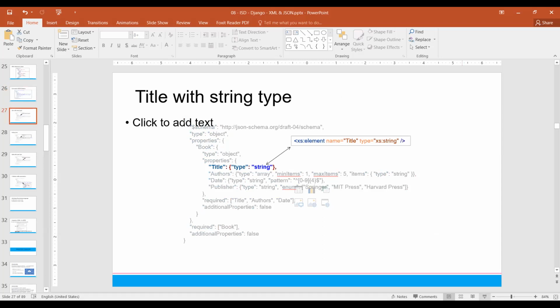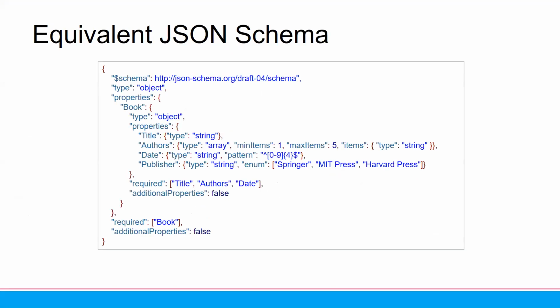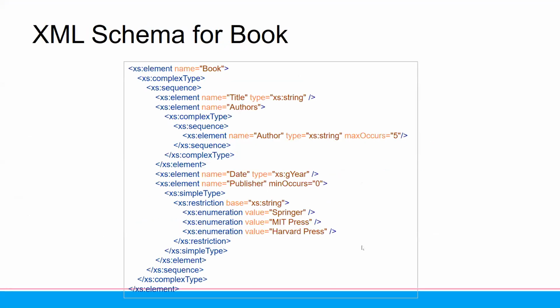If you are dealing with XML and JSON, you need to know that both of them are different in terms of the properties. In the XML, you need to define every element. You can see here you have the XS.